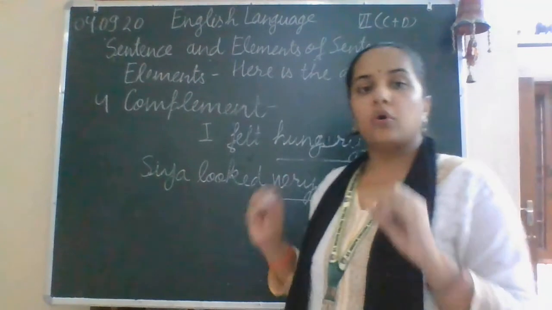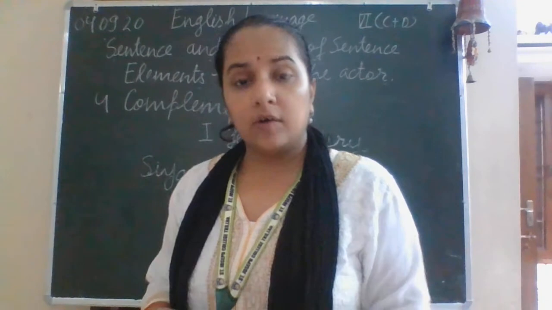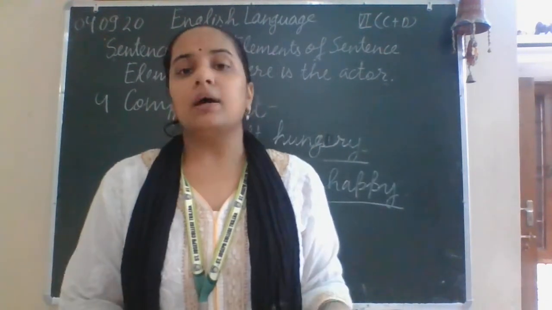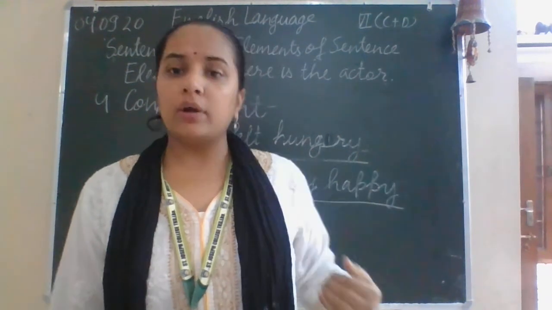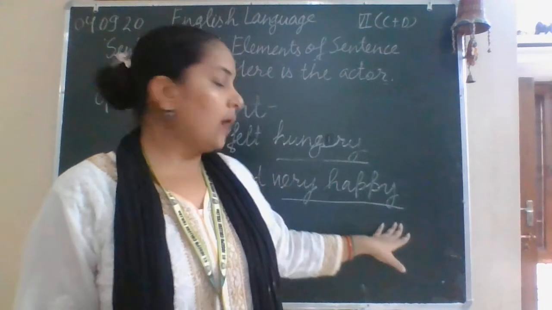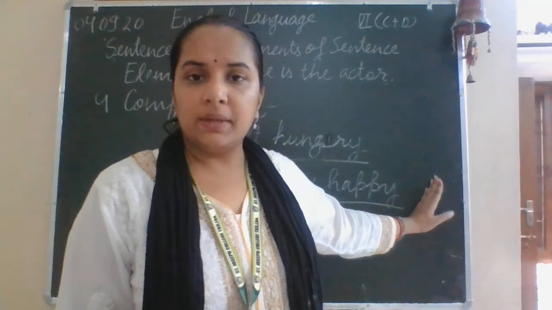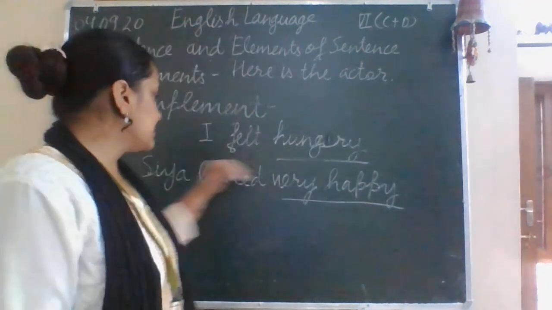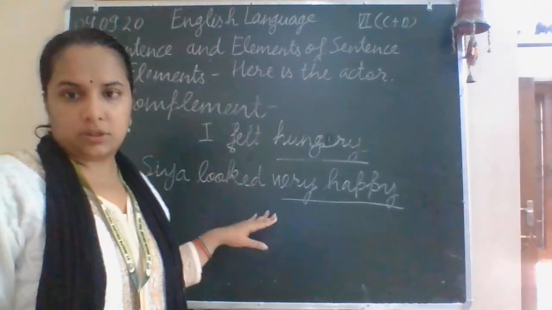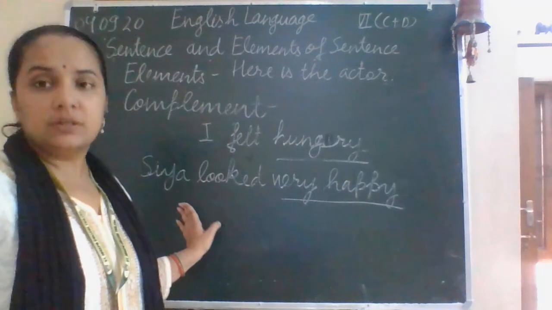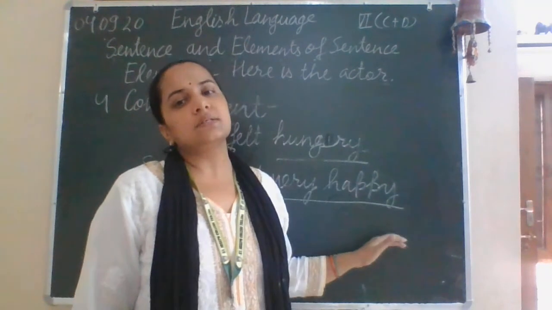A word or group of words that comes after, or follows, a verb and which tells something about the noun or the pronoun of the sentence which comes before it. Noun and pronoun can also come after this complement, but when this complement is telling about the noun or pronoun which is coming before it, which is already mentioned in the sentence, then this term is the complement of the sentence.